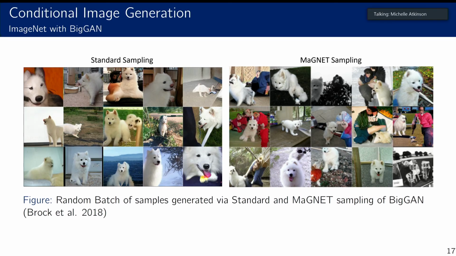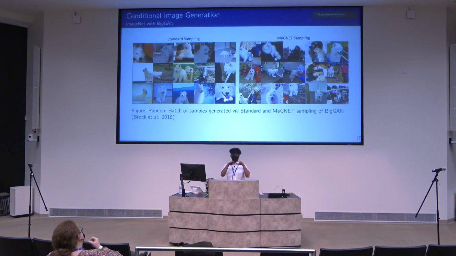And one interesting insight that we could give about this is that this could be a way to assess GANs in a better way compared to just naive sampling. Because when we are doing MaGNET sampling, we are sampling from the whole span of the generator, compared to when we are doing naive sampling, we are sampling from closer to the modes where the manifold is better approximated. So MaGNET sampling could be a way to assess how well the manifold is approximated between different generative models.